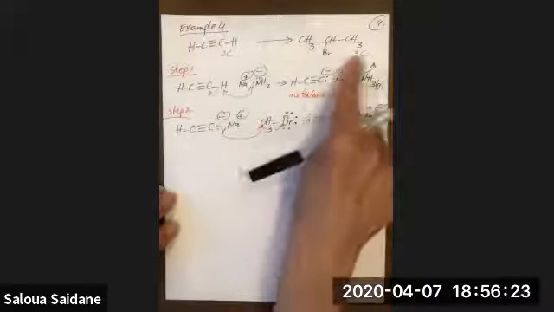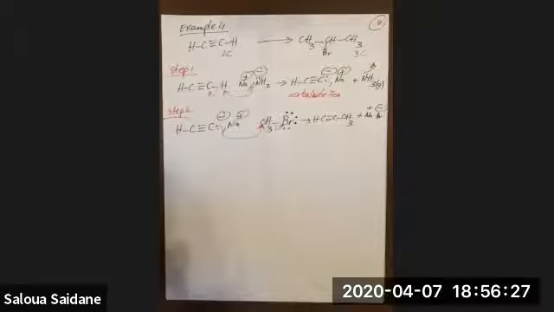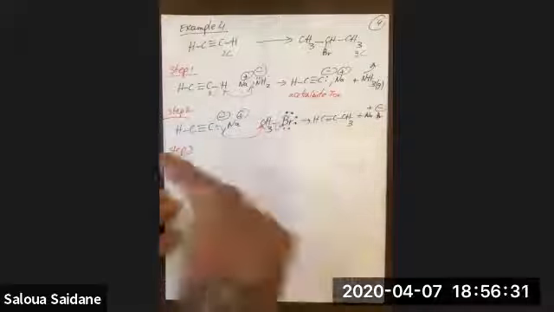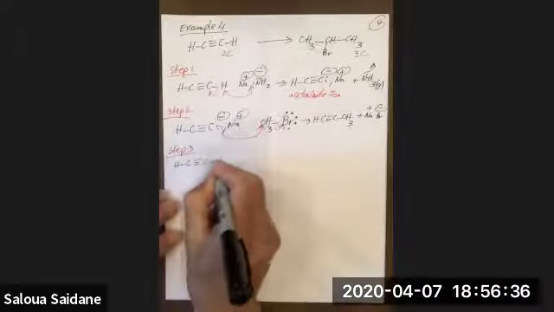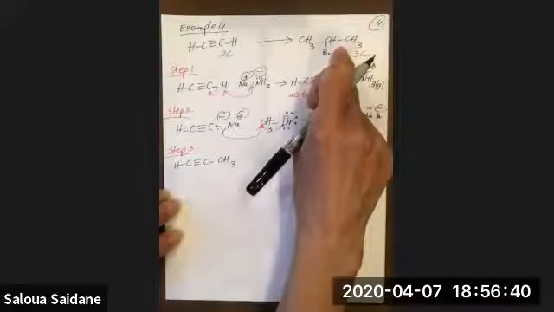Okay, so now we added the carbon. Now we're going to start with this. So I have H, C, C, CH3. So now we have the 3 carbons, and we want to get there.